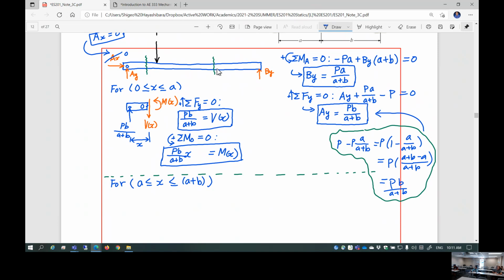So if you introduce this cut, I have this kind of free body diagram. We know this is a support reaction PB over A plus B. Okay. So now this is x.